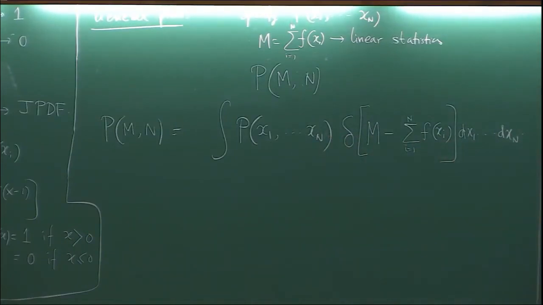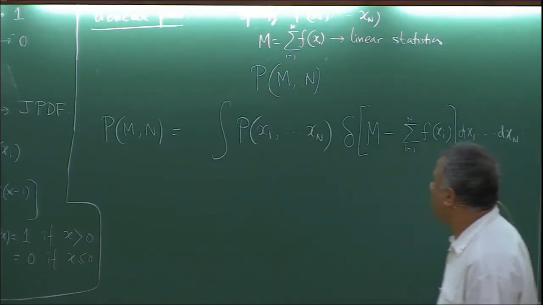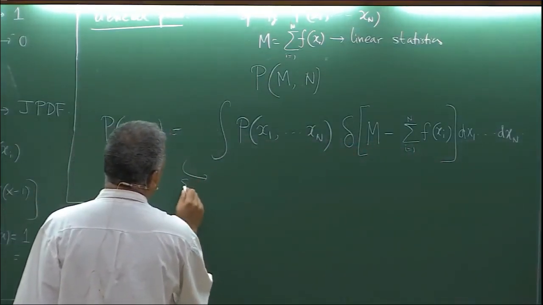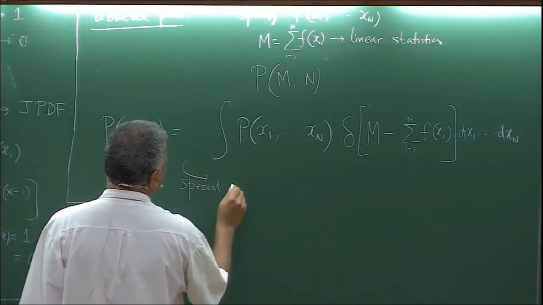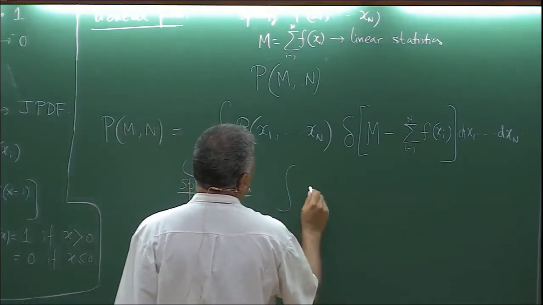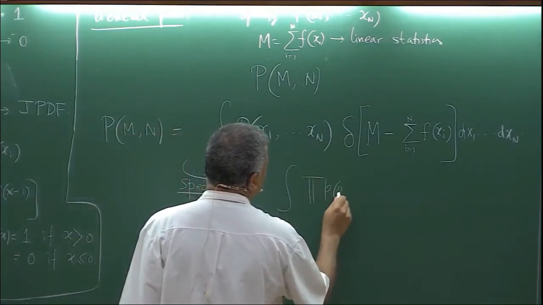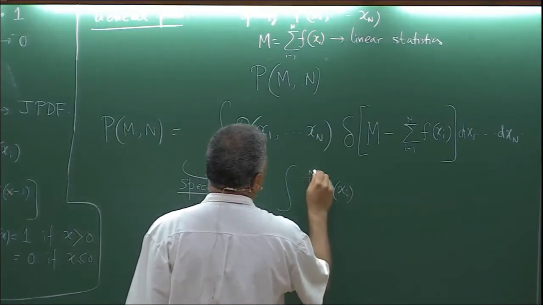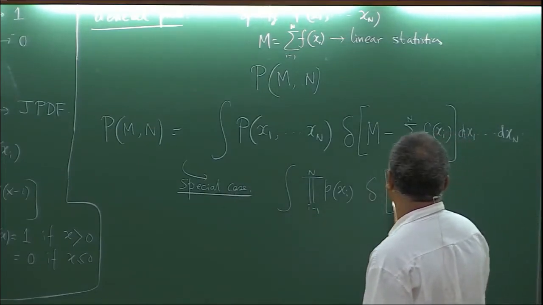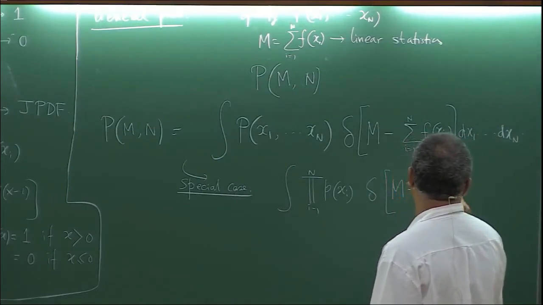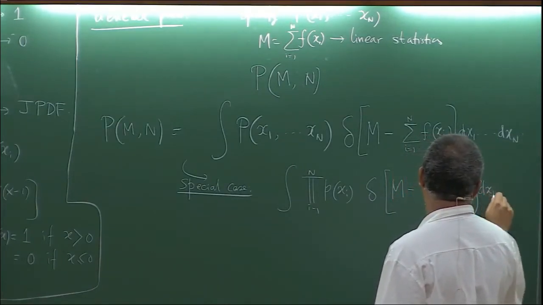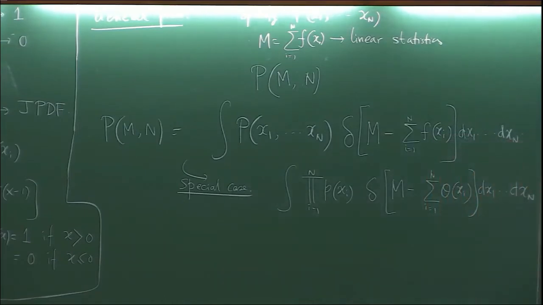To recover our result in our particular special case, it factorizes, so I have a product of p of xi, where p of xi is half delta function and so on.